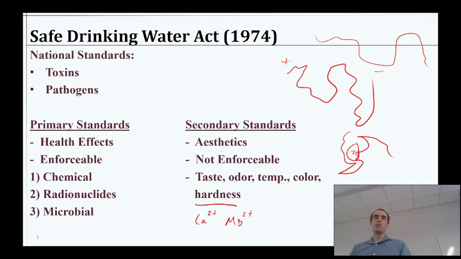That's maybe a good way to think about it. So you end up needing more soap if you've got all these ions, because you have to satisfy them, and then the extra soap can do the lathering like you'd expect.